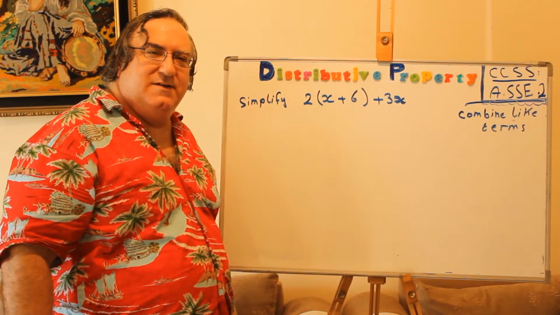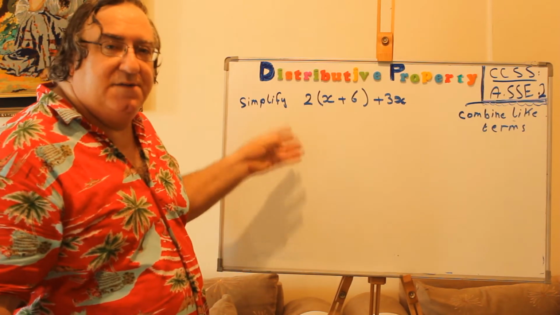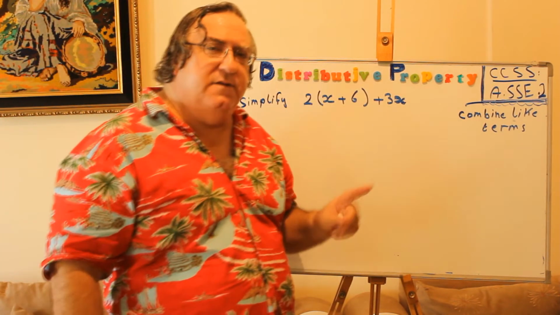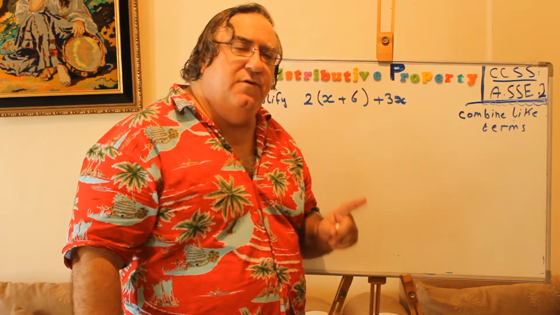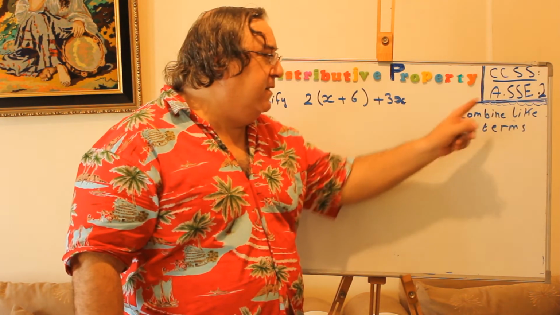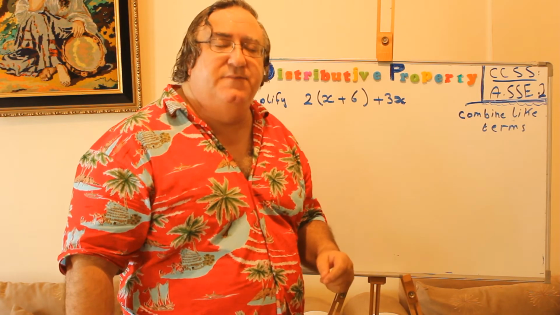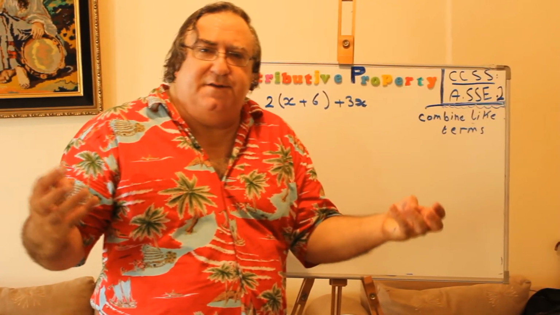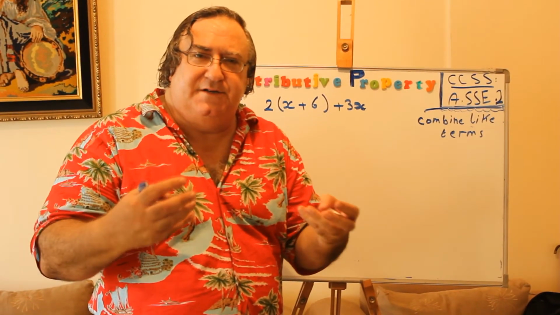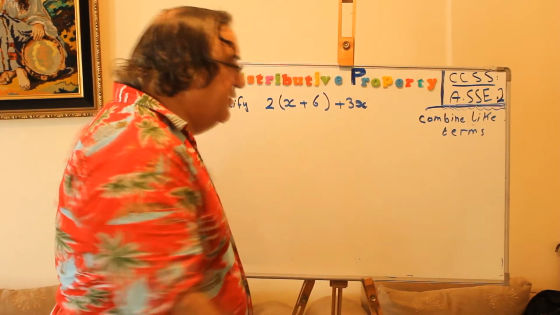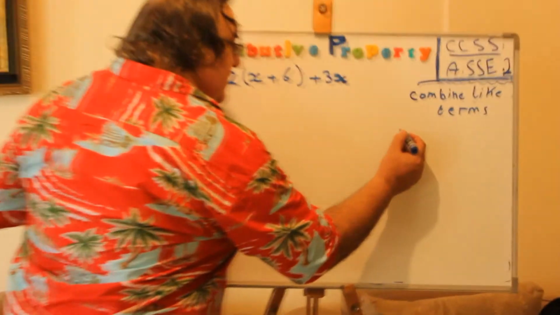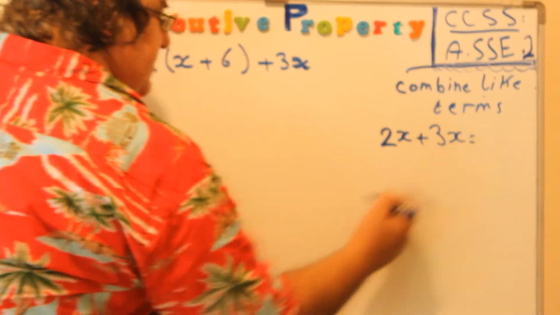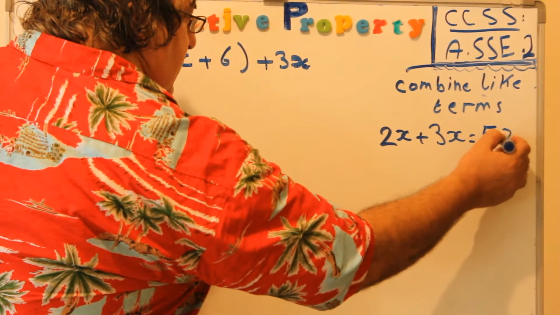Now our last concept is how to use the distributive property when we are using algebra. Before that, I have to remind you that in algebra, you always have to combine like terms. What do like terms mean? Suppose 2 apples plus 3 apples, they are in the same combination, so I can give 5 apples. So in terms of x, I say 2x plus 3x gives me 5x.